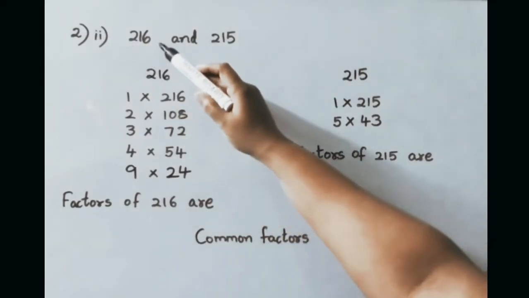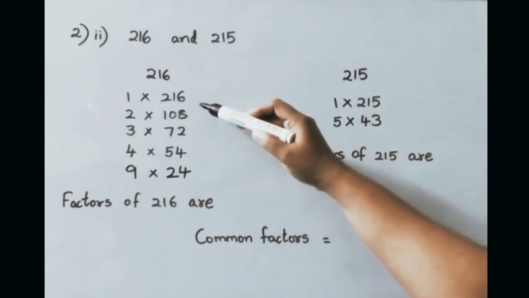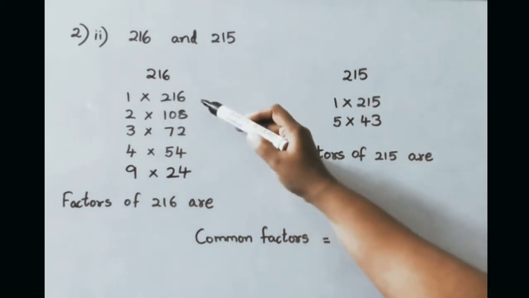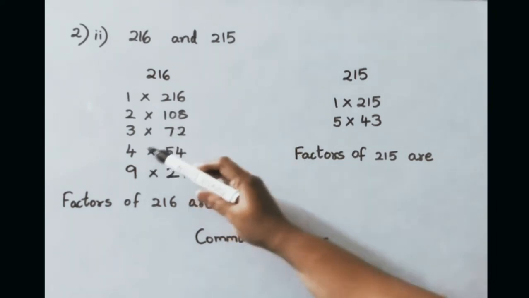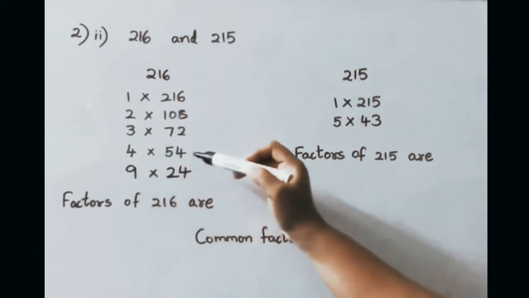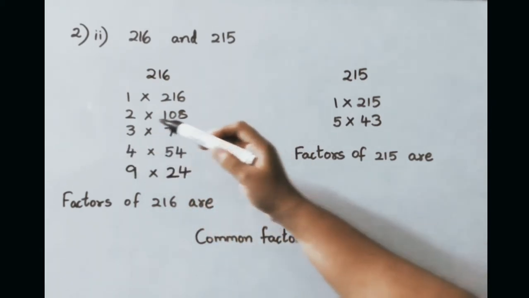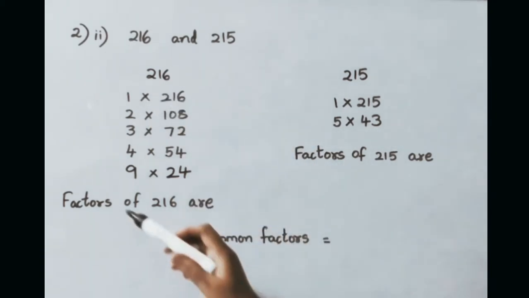Let us see the second question, 216 and 215. Let us find 216 factors. 1 into 216, 2 into 108, 3 into 72, 4 into 54, 9 into 24. Again, 24 9s, 54 4s, 72 3s, 108 2s and 216 1s.